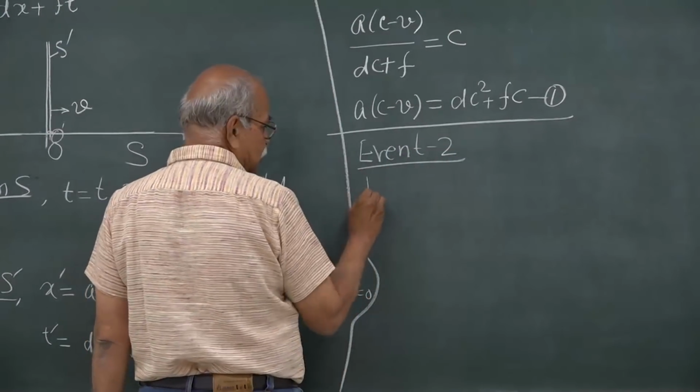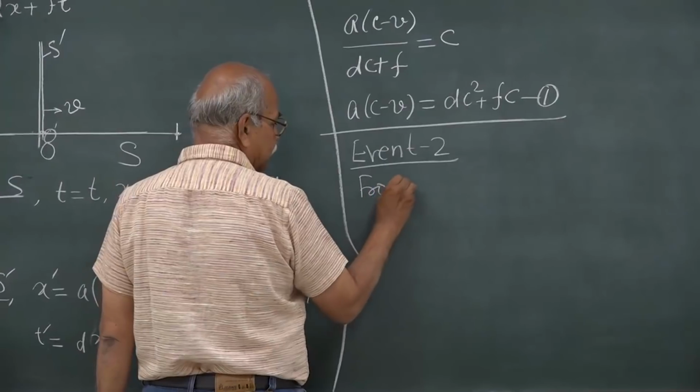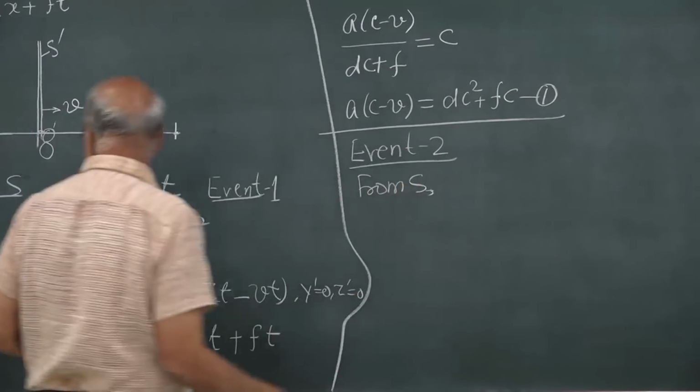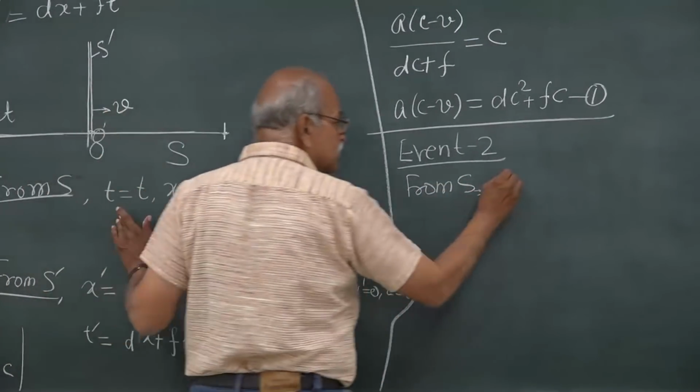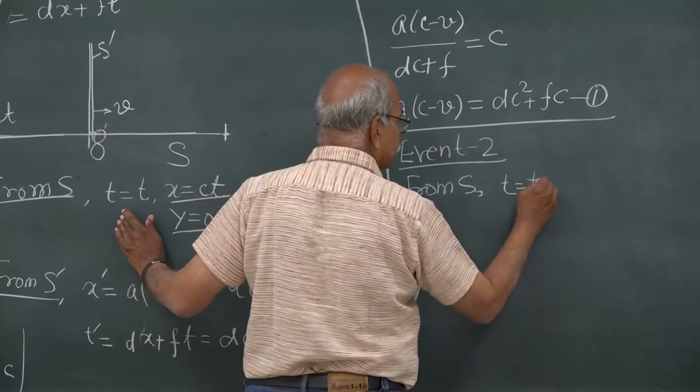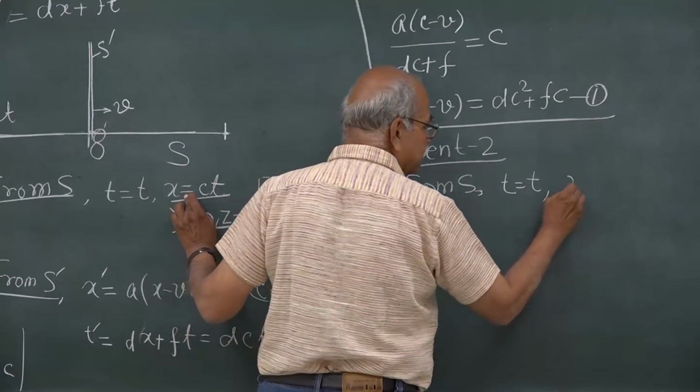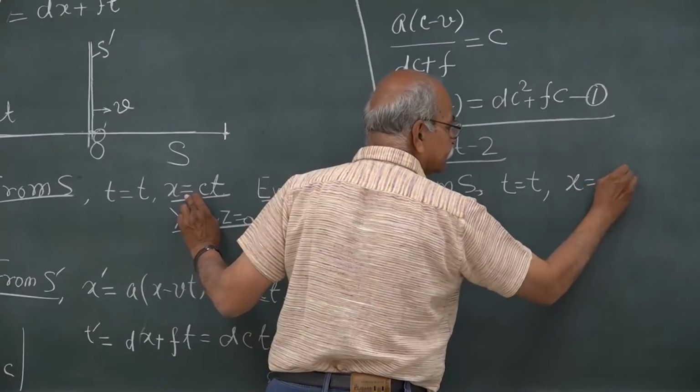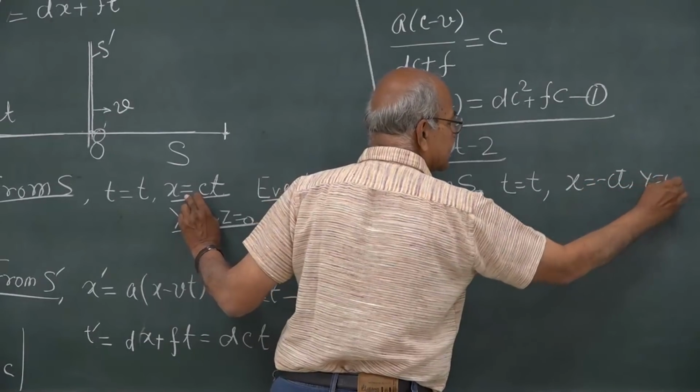First let me write it from S. From S, time is t and x is minus Ct, and y is 0 and z is 0.